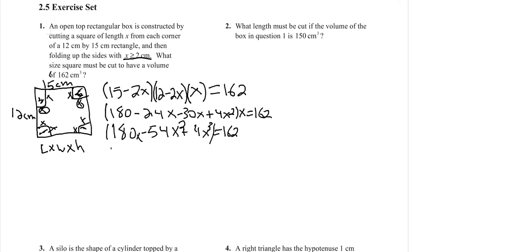So now we get 4x to the 3 minus 54x squared plus 180x minus 162, and that is now equal to 0. Okay, so we can simplify this by factoring out a 2.